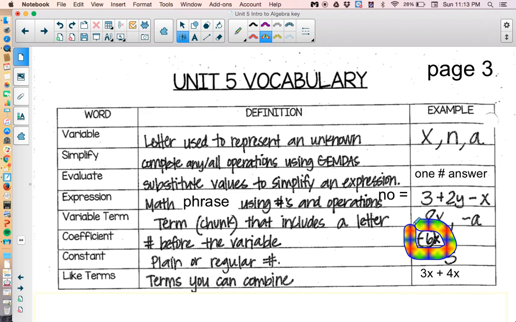Make sure that you notice that for this one, the negative 6 has to be before the x. And also, if you look up here, this is 2y. It doesn't say y2. It has to say 2y. Always put the number before the variable. The constant should be just a number. It's a plain number, and it should not have any variable after it.